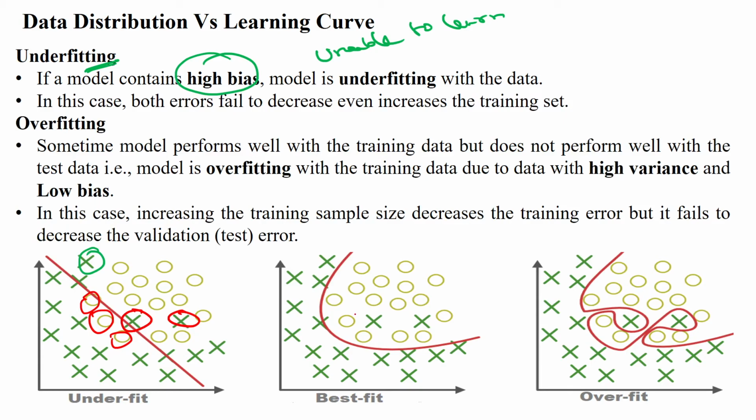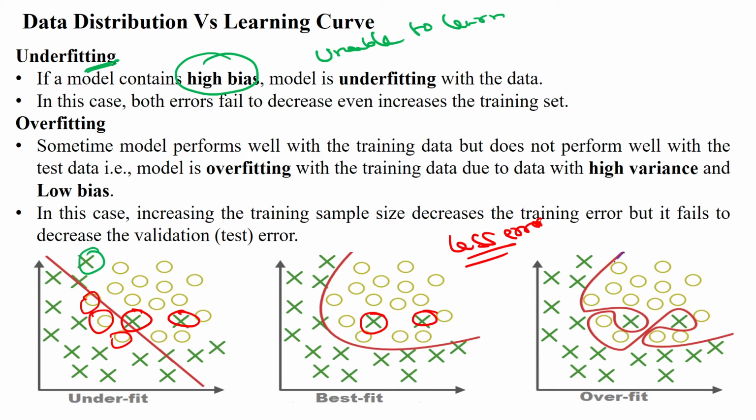The best fit means there is less error. Here you can see only two samples are misclassified, and all other samples are perfectly classified. Then overfitting means all the samples are perfectly classified.